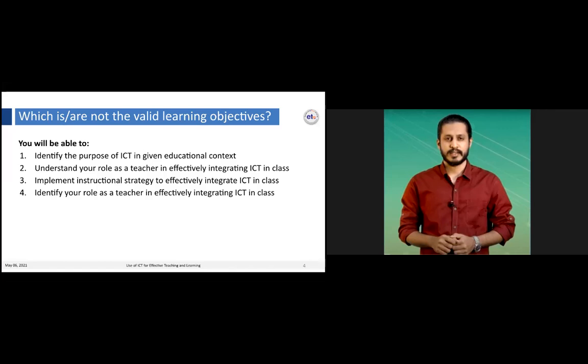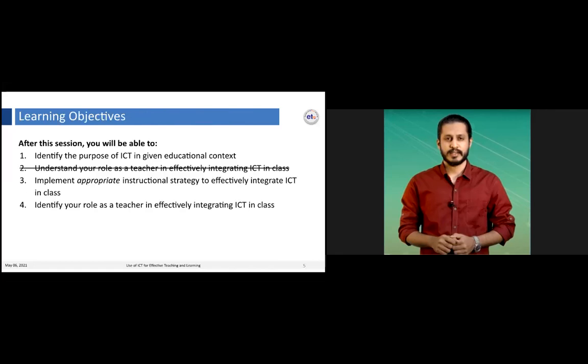Most people are saying 3 and 4. Basically, number 2 and 3 are not actual valid learning objectives. Understanding your role as a teacher in effectively integrating ICT is not measurable. You cannot have very strong action items for that. Somebody saying all are valid.